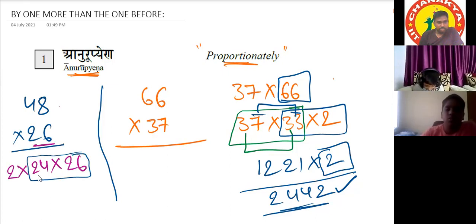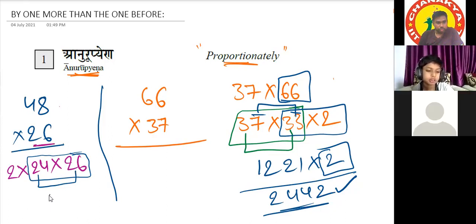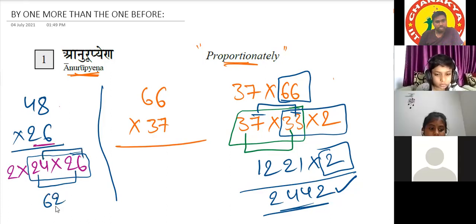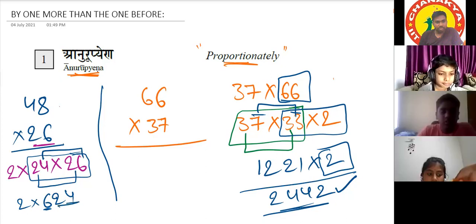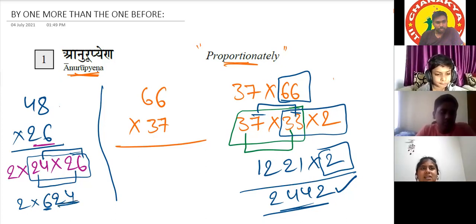So the common number is 2, multiply with the next number, the successor. 2 3s are 6. Next, 4 6s are 24. Simply double this number. 600 double is 1200, and 24 double is 48.